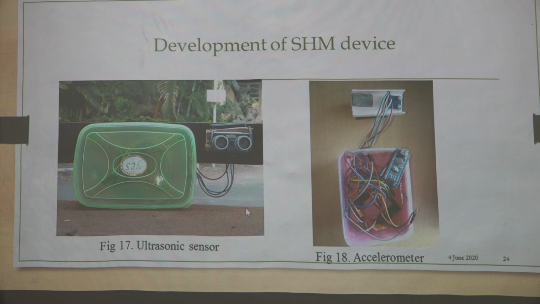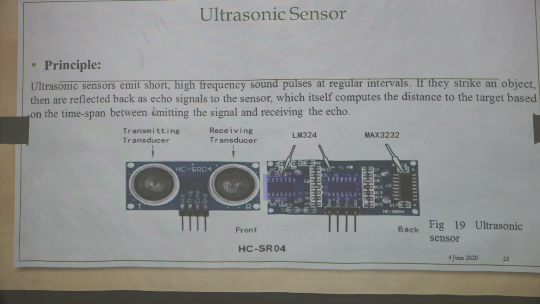So, how is this ultrasonic sensor going to work? It has two transducers, one is the transmitting transducer and the other is the receiving transducer. We are going to transmit certain rays, which are ultrasonic rays, and they travel with some velocity.